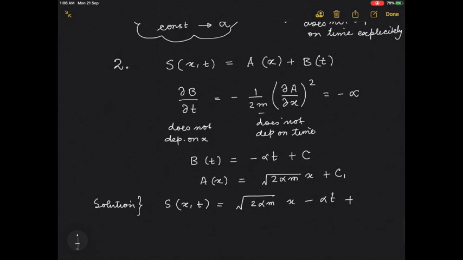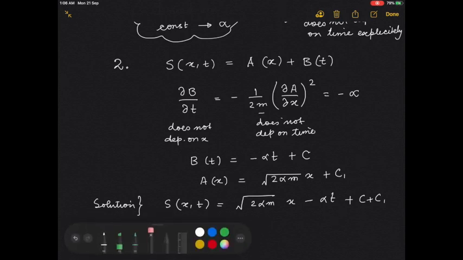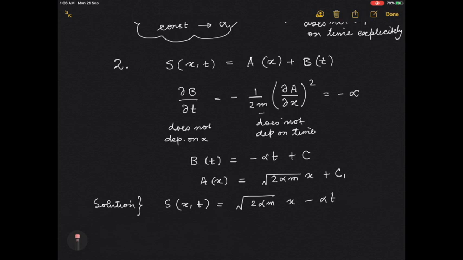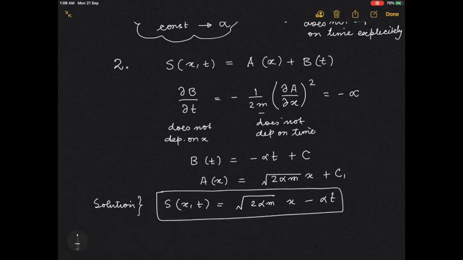So this is root 2 alpha m x minus alpha t plus c plus c1, but these are all constants, and as we said the only partial derivatives of S matter, so I don't even need to bother about these. I can just set them to 0.